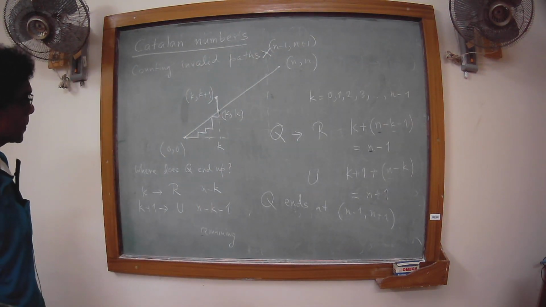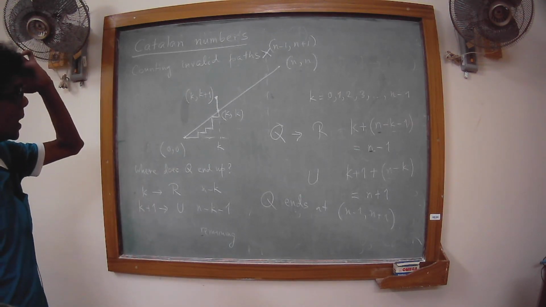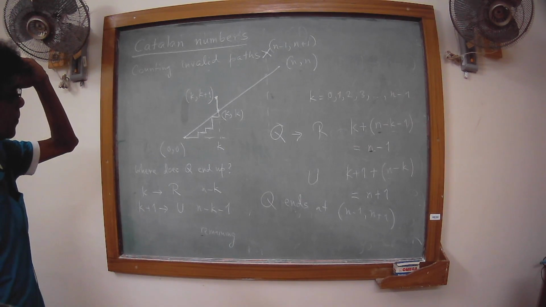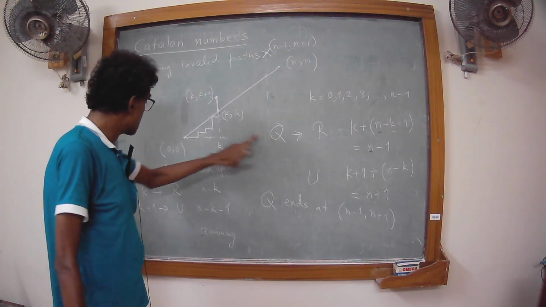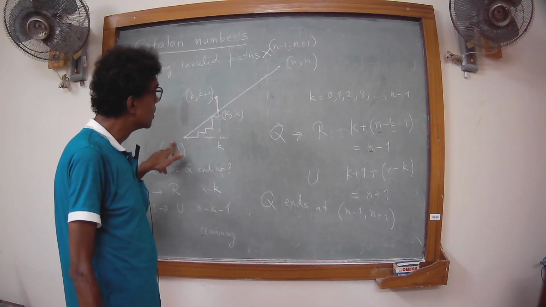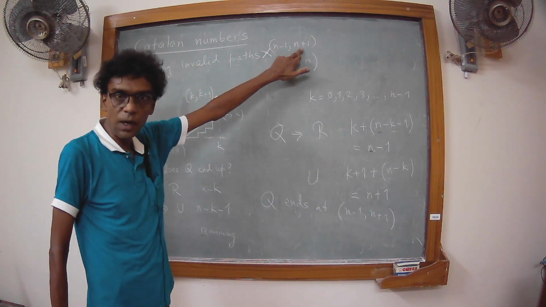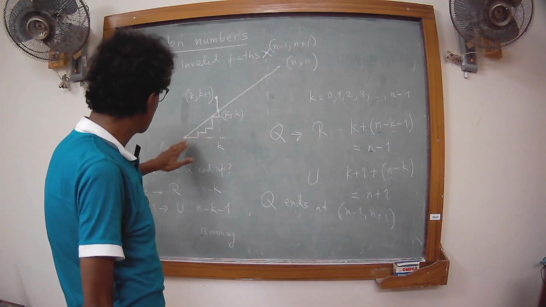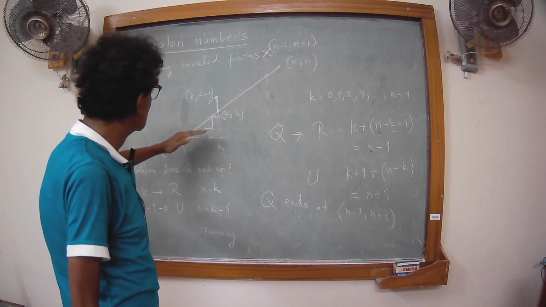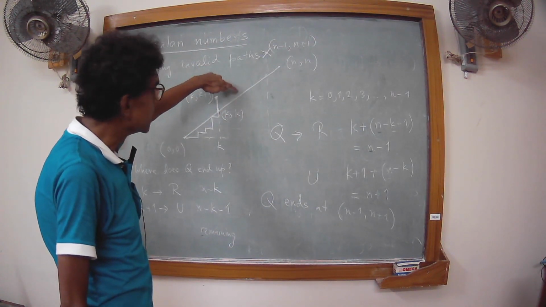Okay. Conversely, if we take any path Q starting from 0, 0 and ending in n minus 1, n plus 1, then it is obvious that there must be some point where that path Q will cross this y equal to x line.